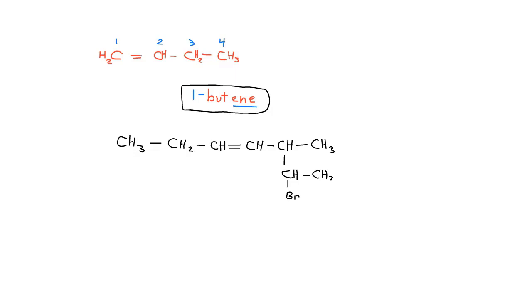Okay, so here's the deal. First of all, let's identify our longest carbon chain. Before we do anything else, that's always the first thing we want to do. So let's identify our intersection carbons. Can anybody underline our intersection carbons, the carbons that are connected to 3 or more other carbons?